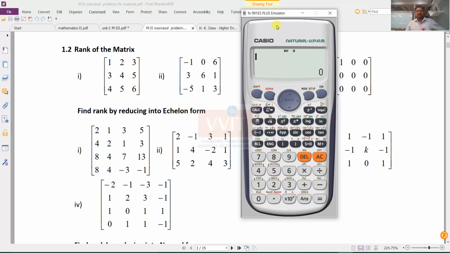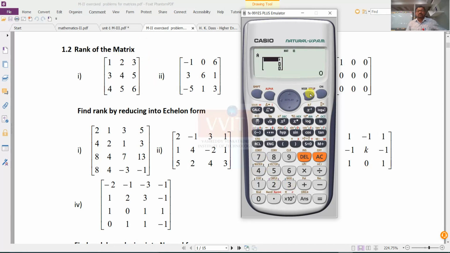Right now I have the emulator of the 991 ES Plus, for our verification only. First I need to set up the matrix. Press 6, then define a matrix, matrix 1. It is of size 3 by 3, because it allows 3 by 3 only.